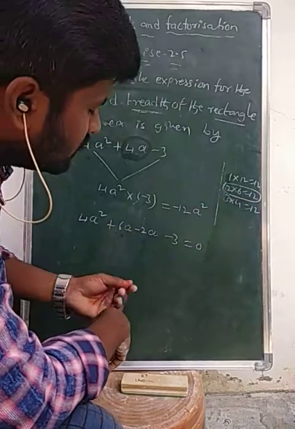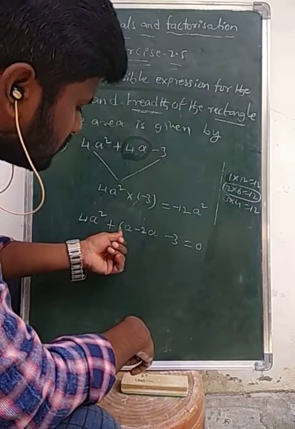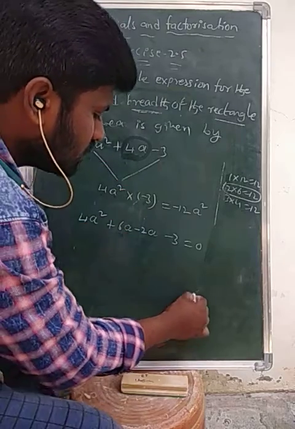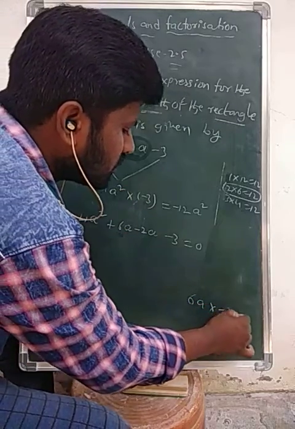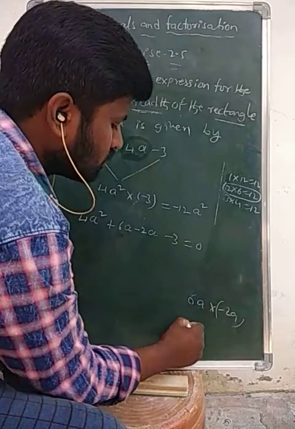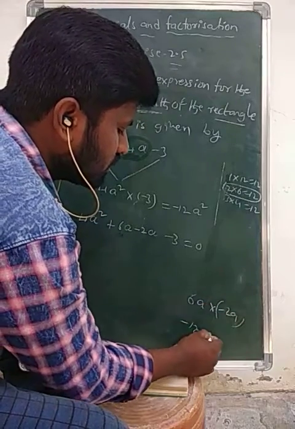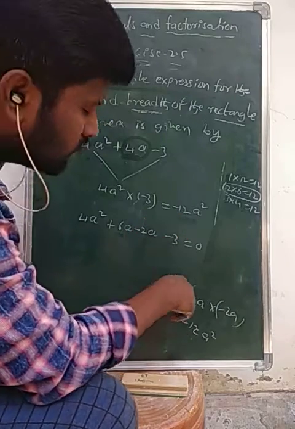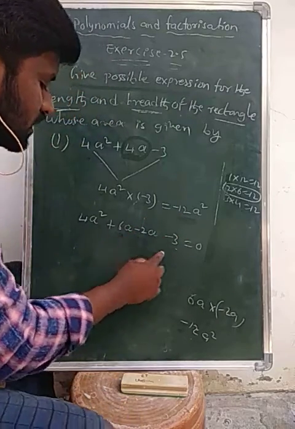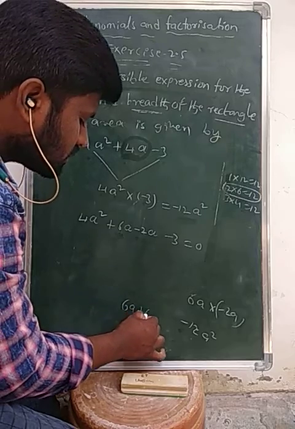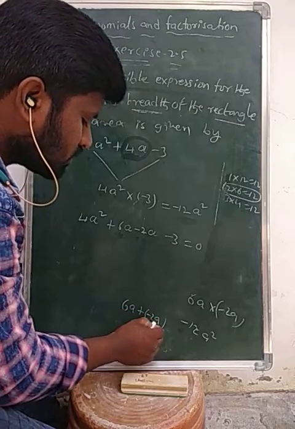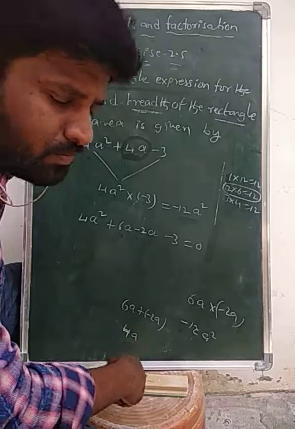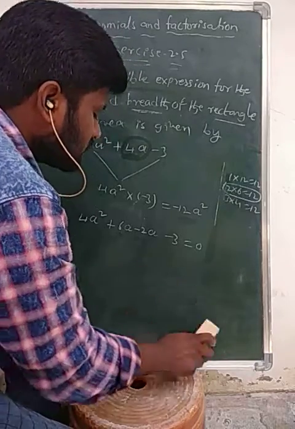Now observe: 6a into minus 2a, 6 2s are minus 12, a into a is a square, so the product is minus 12a square. By adding these two, 6a plus minus 2a, we get plus 4a. That's why I took it like this.